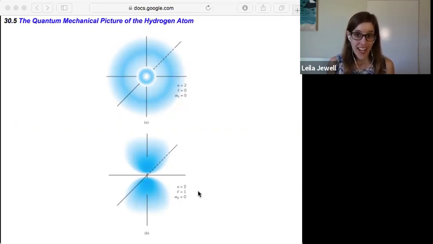When you go to L equal to 1, it looks very different, where the electron is only on the top half or the bottom half, and it's nowhere in the middle, which is pretty wild. So the quantum mechanical picture has confirmed some of the ideas of the Bohr model, but also enhanced the overall understanding of the atomic structure and where the electrons are located, and how we can describe these different states. We'll continue with this in the next section.